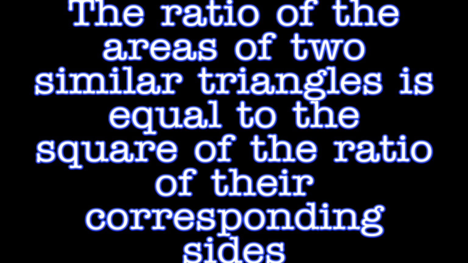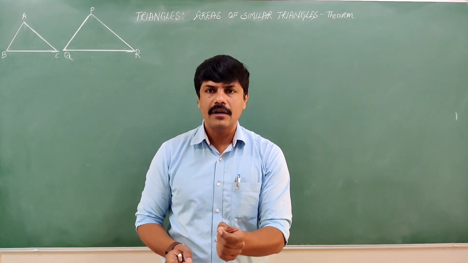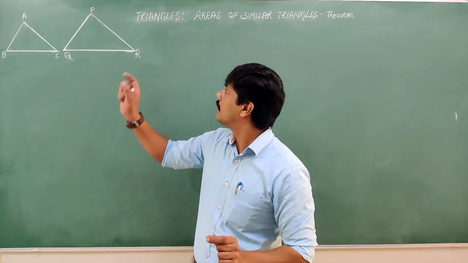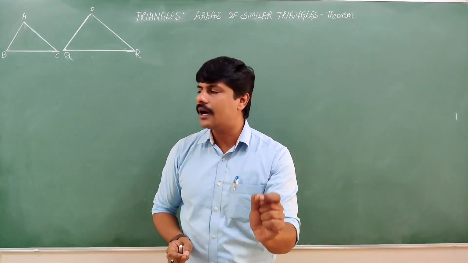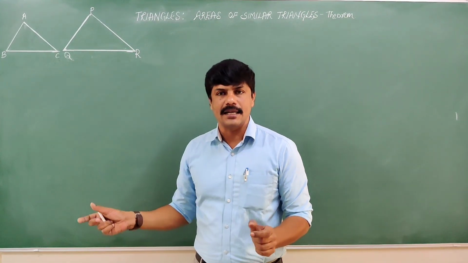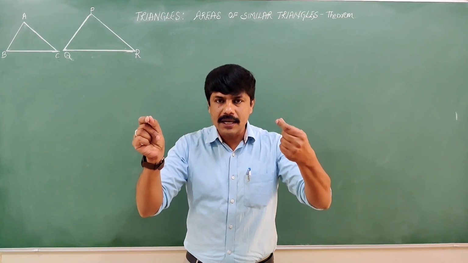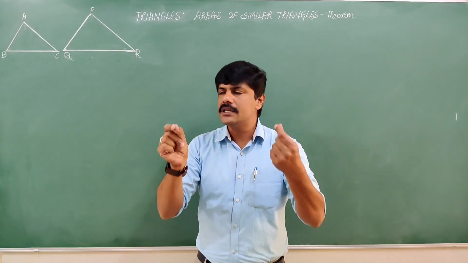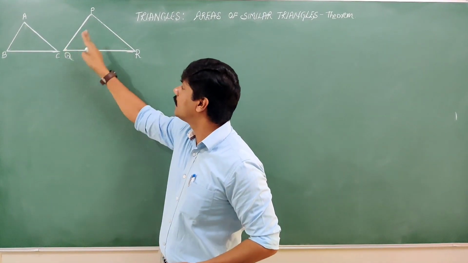Now, by the statement, the ratio of areas of two similar triangles. The first part of the statement is saying about two similar triangles. Ratio we will see later. Which are the two similar triangles here? Here we have taken ABC and PQR.